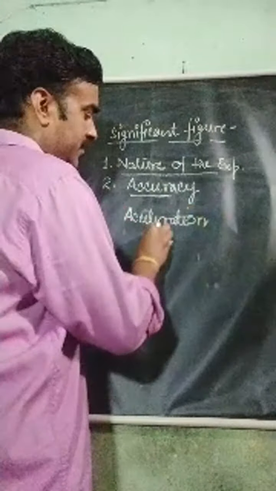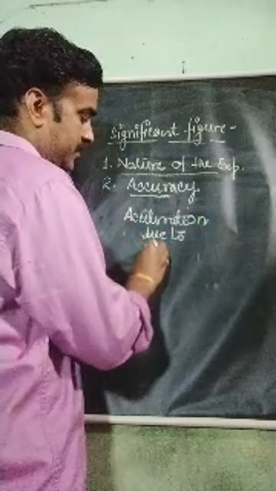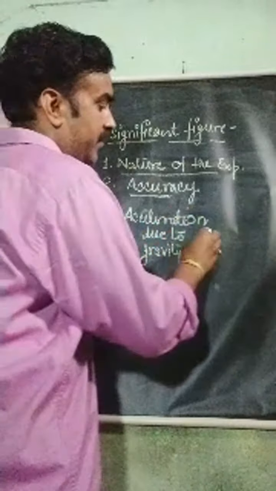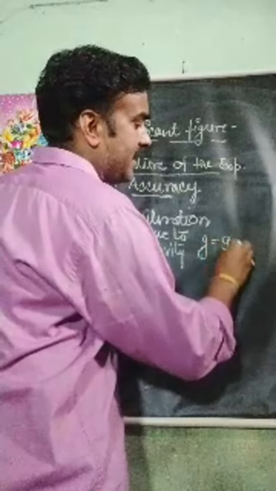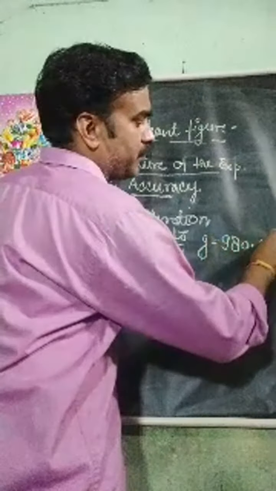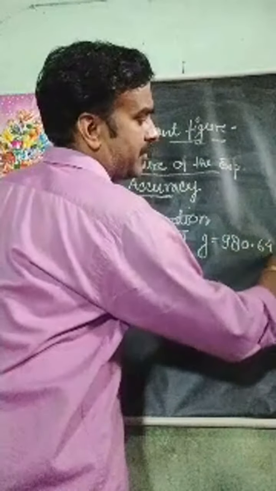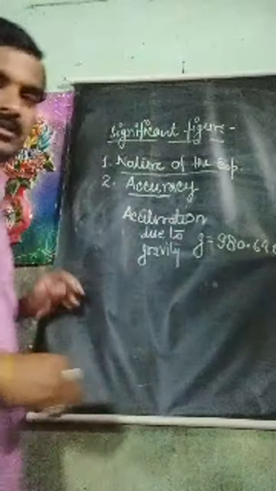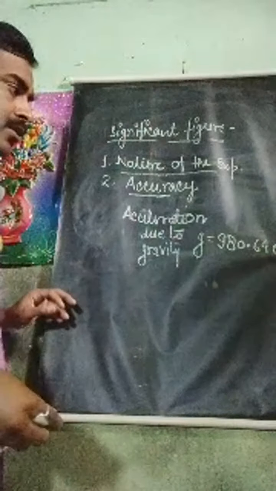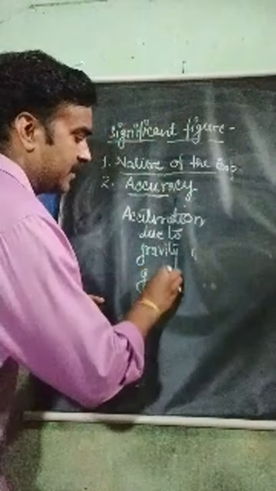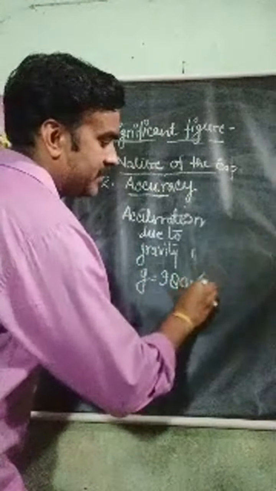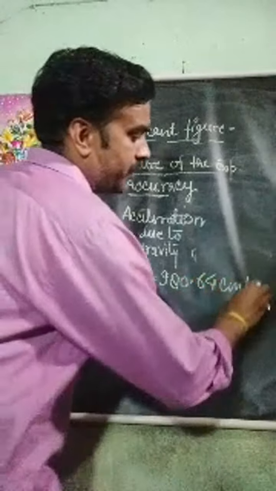Acceleration due to gravity. The value of g you are getting is 980.64 centimeter per second square.